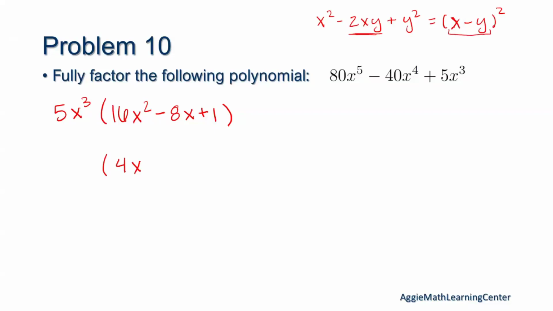So what we want to look at is, is this a squared term and is this a squared term? Like you said, 16x squared is 4x, that whole term squared. And then can we make 1 a squared term? What squared equals 1?